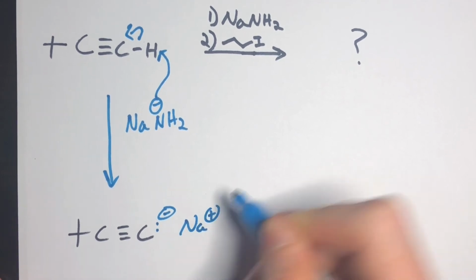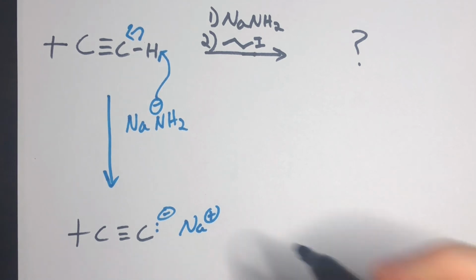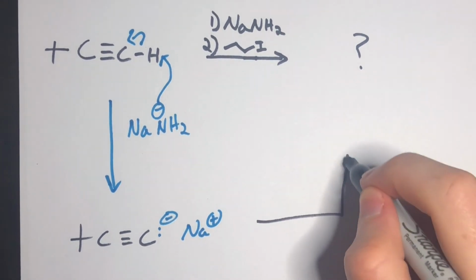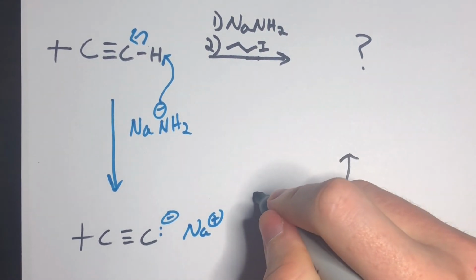Okay, and then we also create ammonia. Now, this carbanion can react with an electrophile because it is a strong nucleophile. Remember, the electrophile must be primary in order to get the substitution reaction as the primary product. And in this case, we're reacting it with a propyl iodide, or iodopropane.